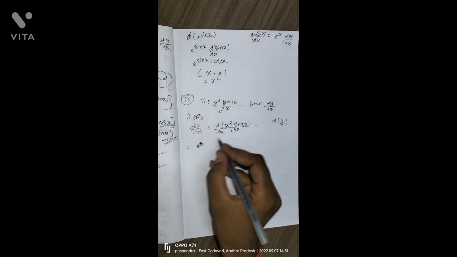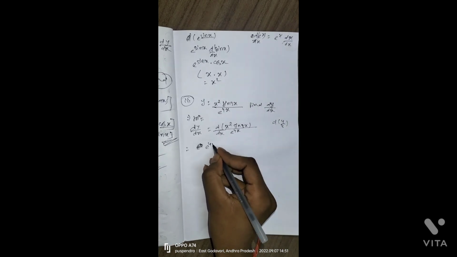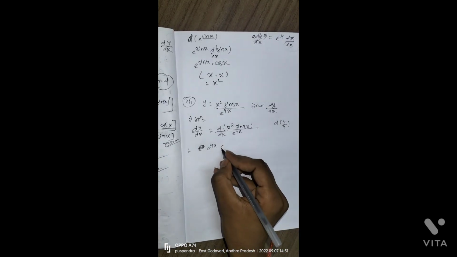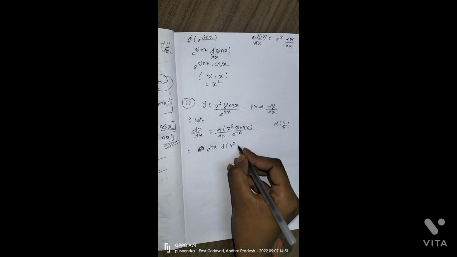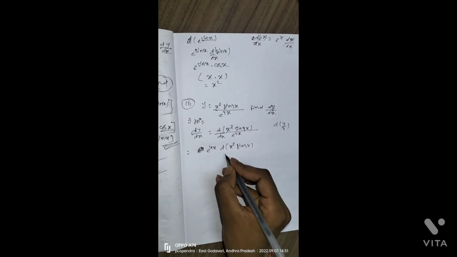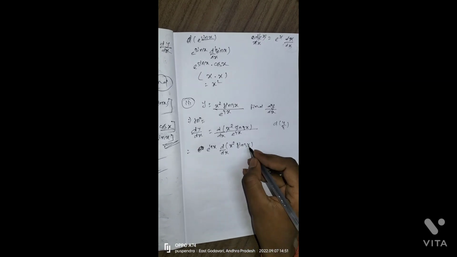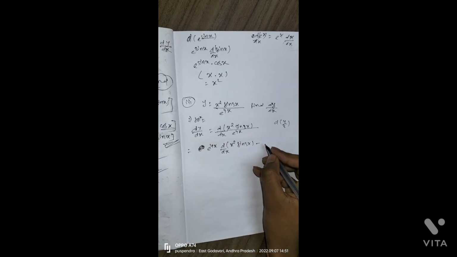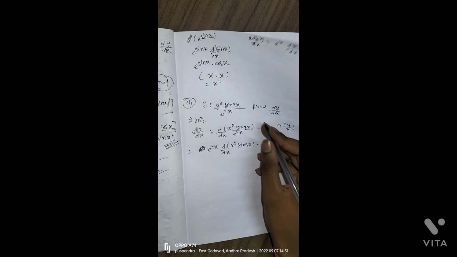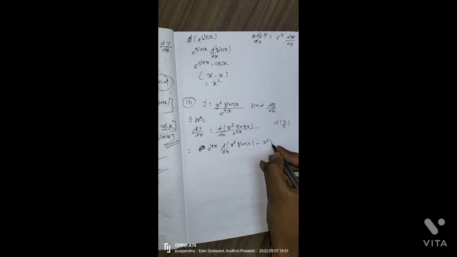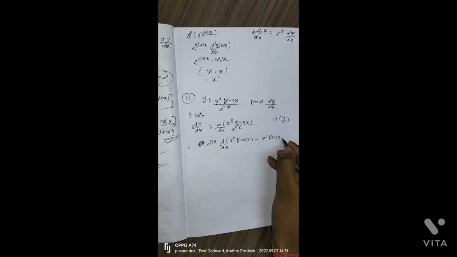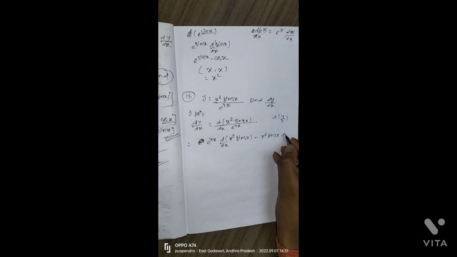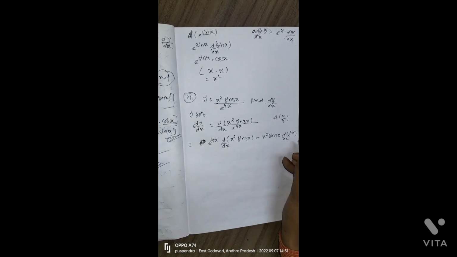So v is our e to the power 4x, v du by dx, where u is x square sin 3x, right? Now v du by dx minus u dv by dx, where u is x square sin 3x and dv by dx is d of e to the power 4x upon dx, right?